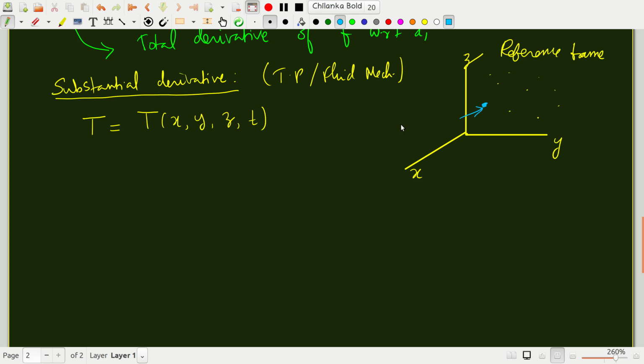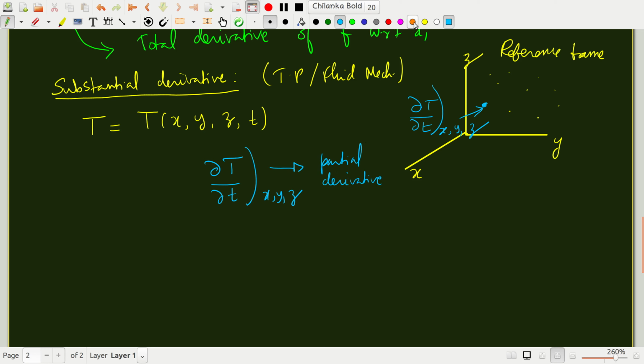If I ask how the temperature changes as a function of time at this point, that information is given by the usual partial derivative of temperature with respect to time, because here I am keeping x, y, z constant. This gives you the local variation of temperature with time.